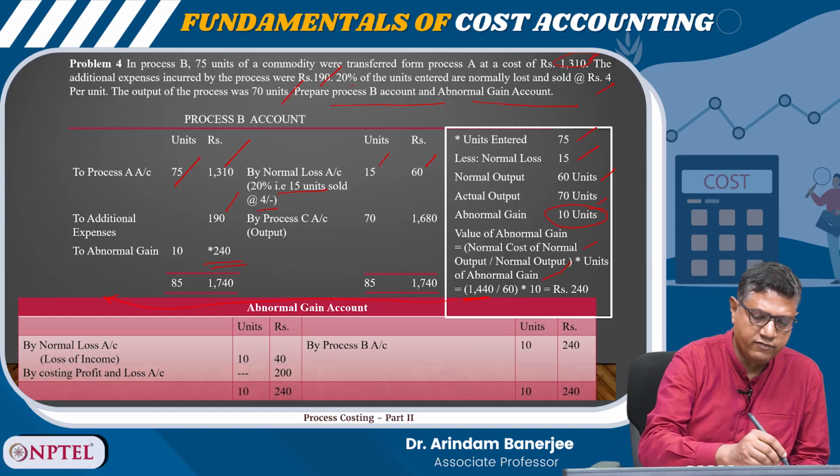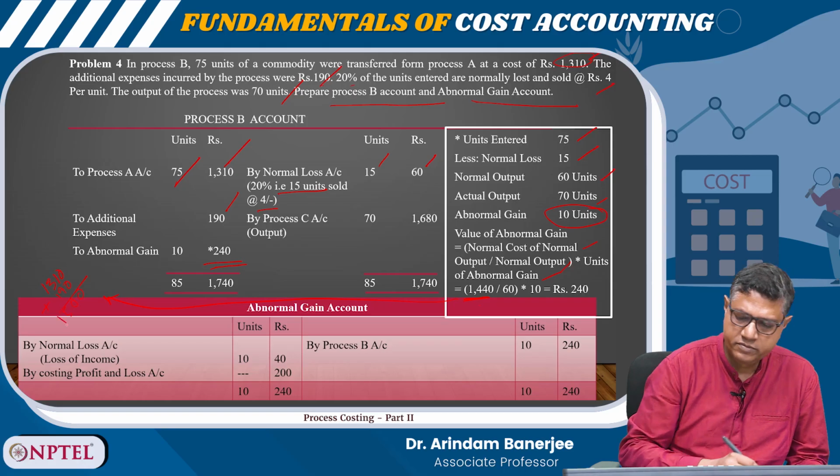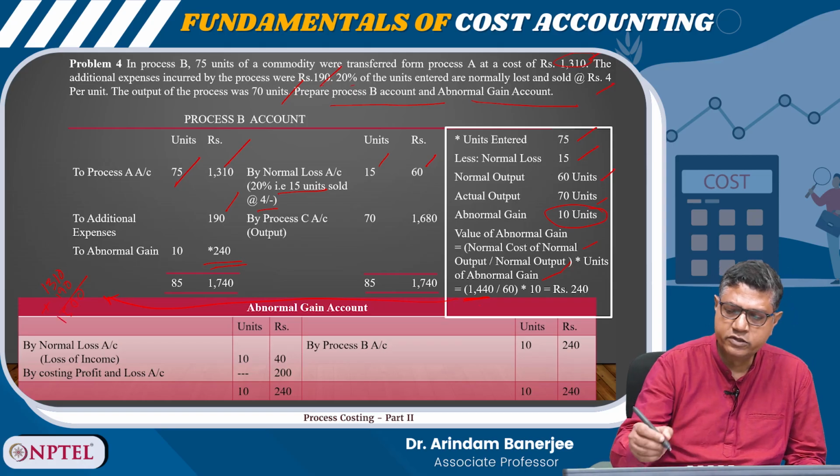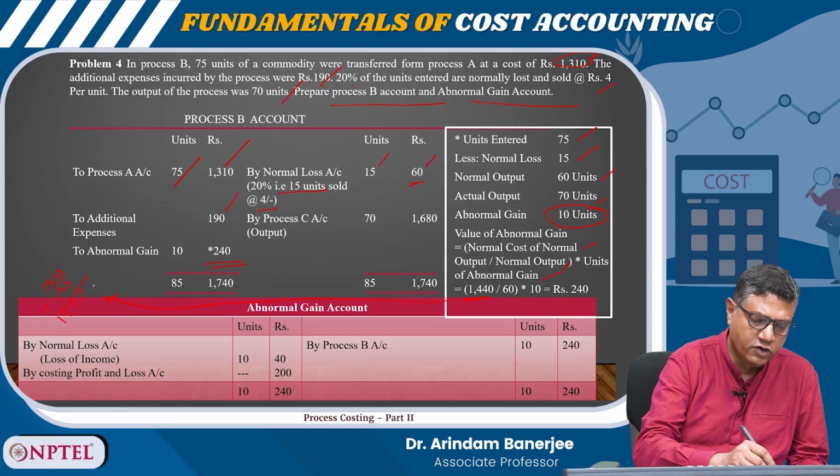My normal cost is 1310 plus 190, which is 1500. 1500 minus normal loss of 60, it is coming 1440.